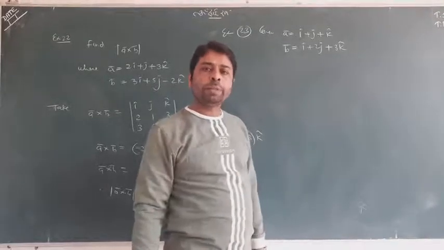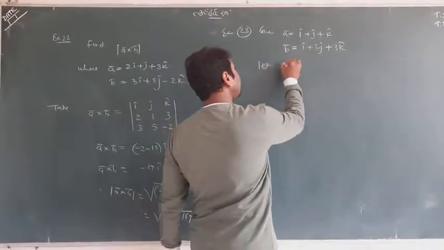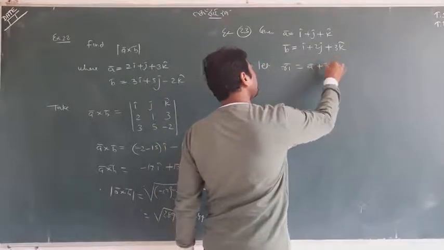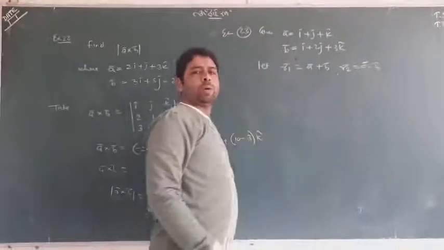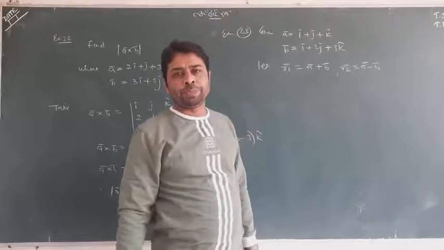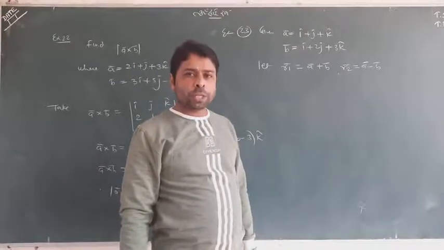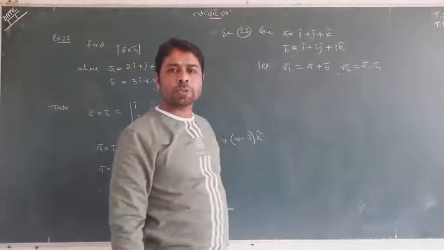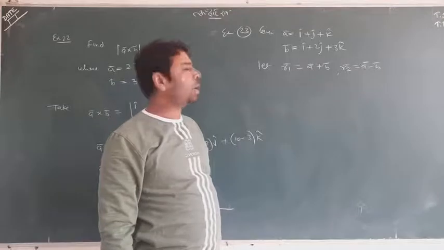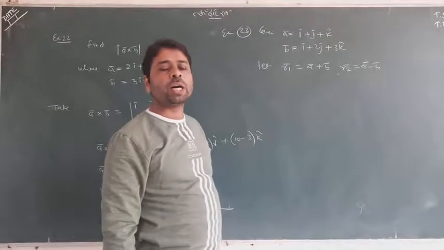So for a little bit convenience, I take, let R1 equal to A plus B and R2 is equal to A minus B. And now my question changes. My question is going to be, find the unit vector perpendicular to R1 and R2, because A plus B I put the name R1 vector and A minus B I call it as R2 vector.